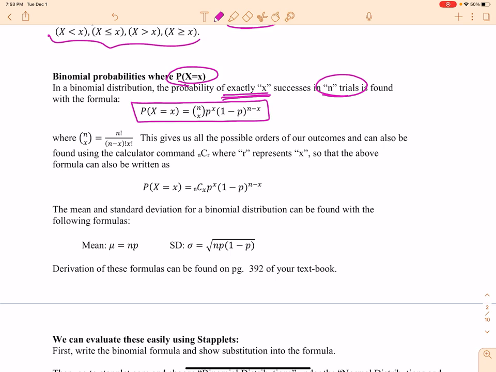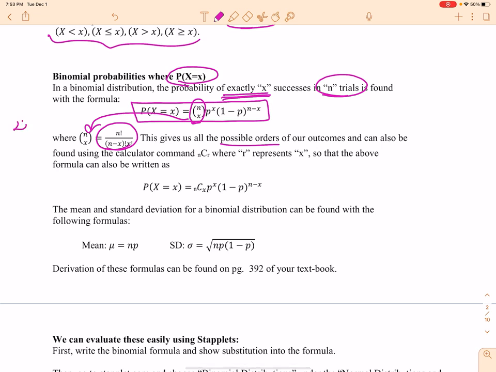And so when you're looking at this, I know that it's a lot of letters and it looks all confusing, but this right here is actually this. And it shows us all the possible orders of our outcomes. So if you'll recall, you probably learned this in algebra, the n factorial.